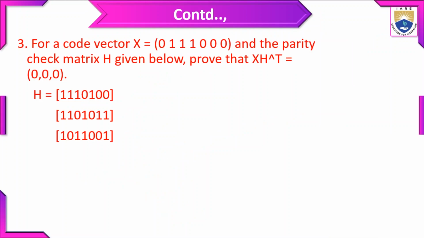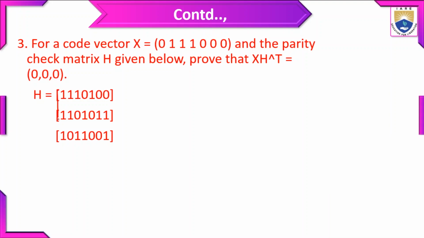Coming to the third problem. For a code vector X equal to 0 1 1 1 0 0 0 and the parity check matrix H given below, prove that X H transpose is equal to 3 zeros.